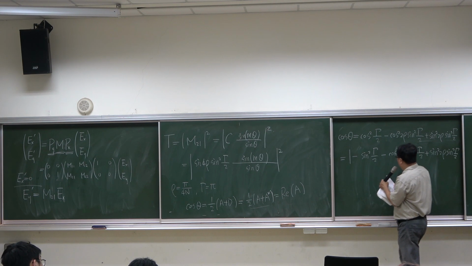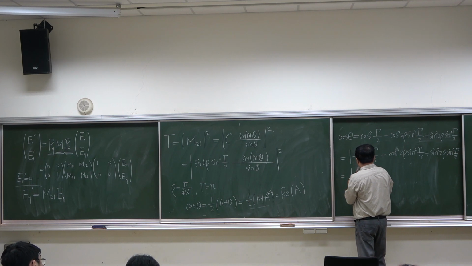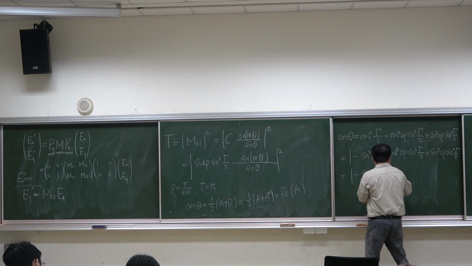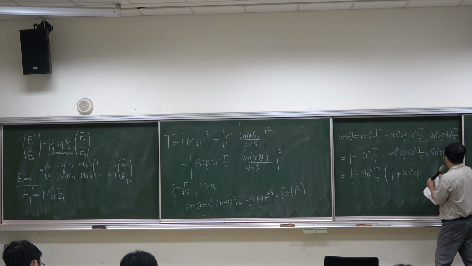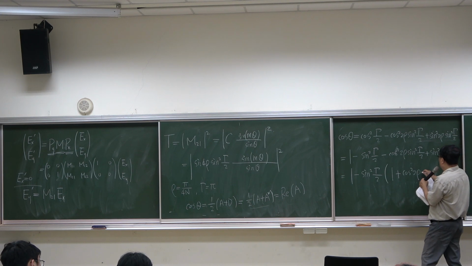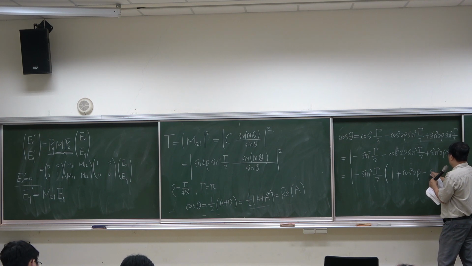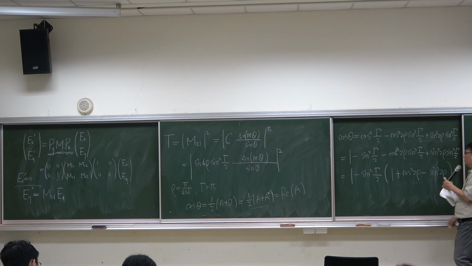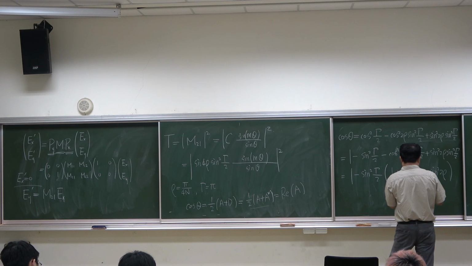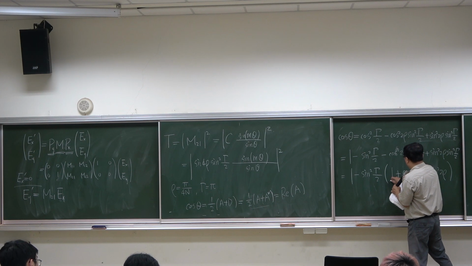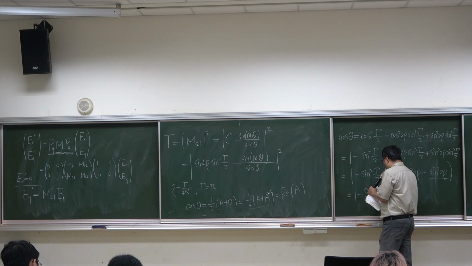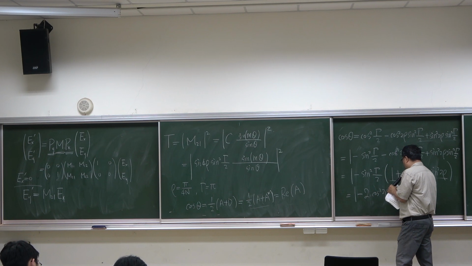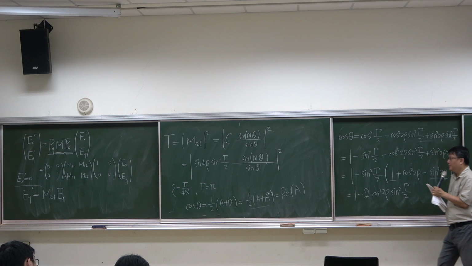Okay. So where did I calculate wrong? Here, one minus the other becomes cosine, so this becomes 2 times. So 1 minus 2 cosine squared 2 rho sine squared half gamma. Okay, this is the cosine theta.